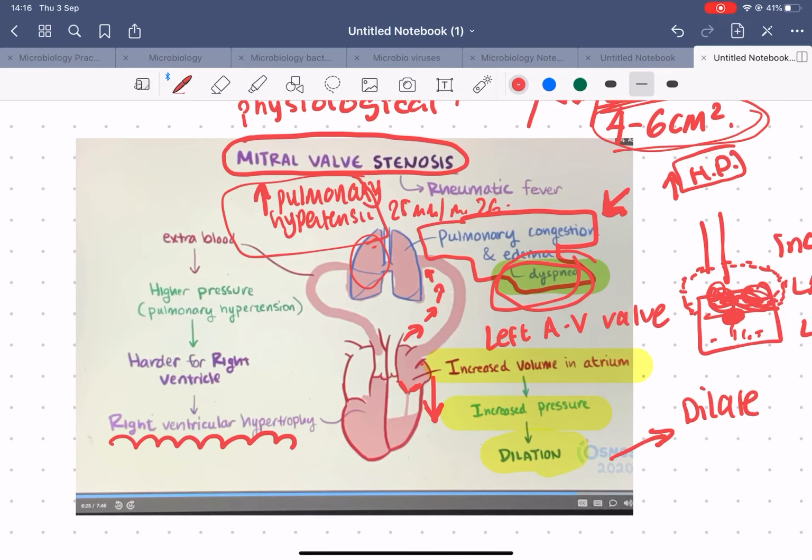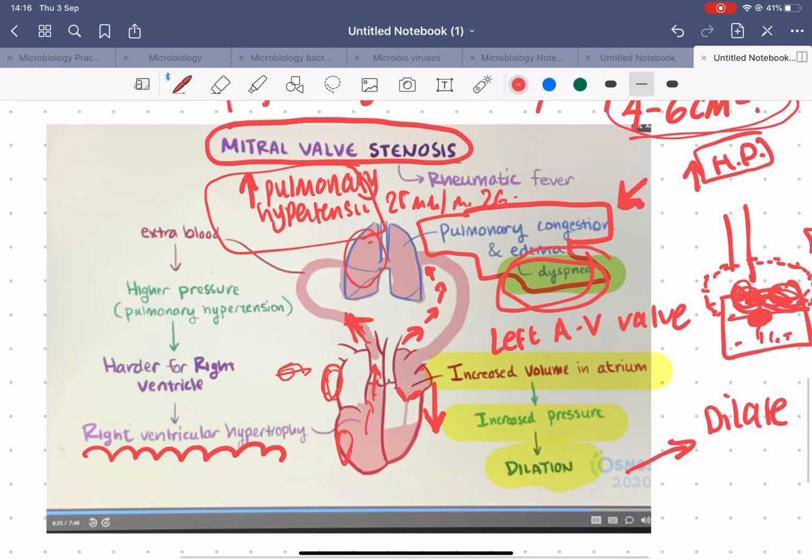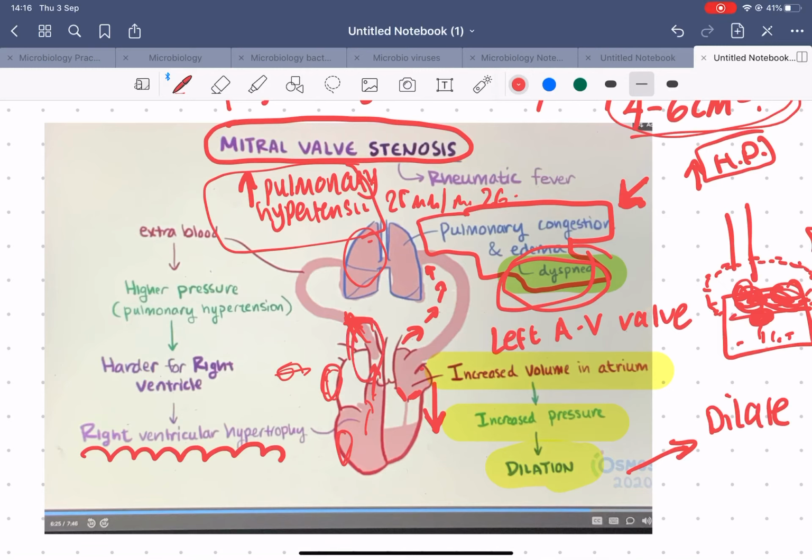We wanted the blood in the right ventricle, deoxygenated blood, to go from the right ventricle through the pulmonary valve into the pulmonary arteries, into the pulmonary vessels. The only way it can do that is if the pressure is high here and low here, so the blood can easily flow from an area of high pressure, such as here, to an area of low pressure, such as in the lungs.